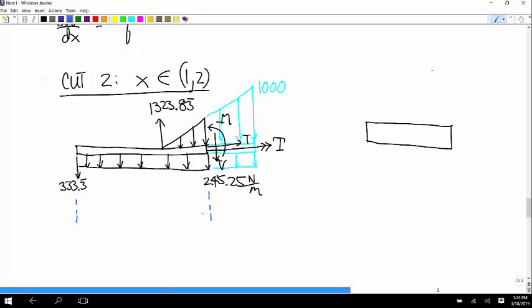What's the length of this whole thing? It's x. Yep, it's x. It's just now x falls between 1 and 2 somewhere. So this has a length of x, and its height is the same all over, so 245.25.